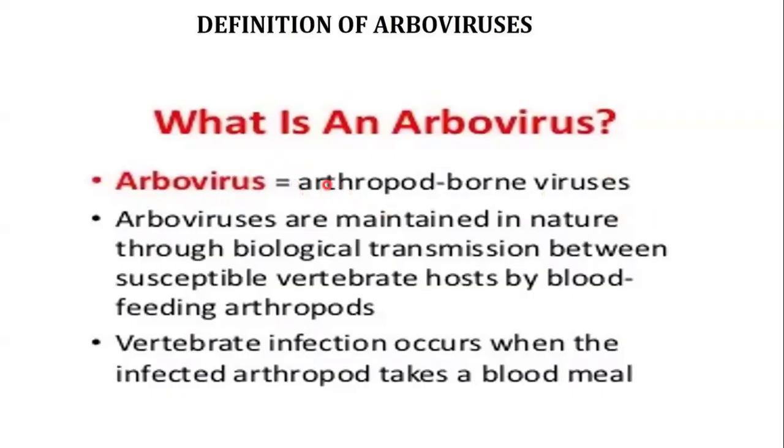So, ARBO, arthropod-borne viruses. Okay, that's the acronym. Arboviruses are maintained in nature through biological transmission between susceptible vertebrate hosts by blood-feeding arthropods. Vertebrate infection occurs when the infected arthropod takes a blood meal.